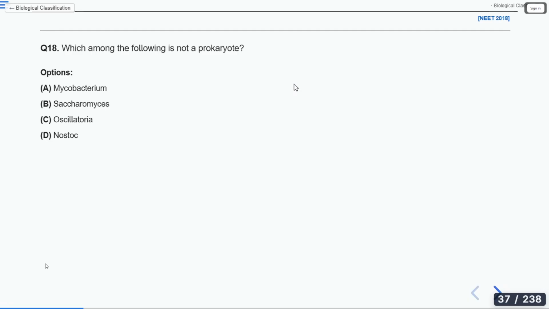Okay, what is the answer for question number 18? Option B. Saccharomyces is not a prokaryote. Okay, what do you mean by a prokaryote?